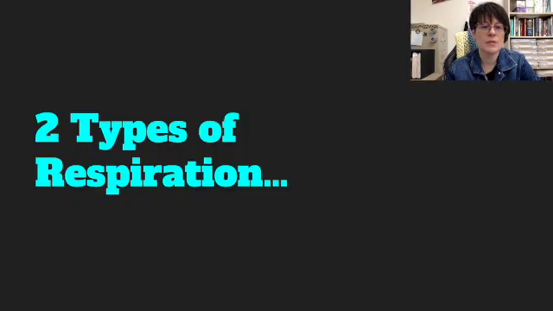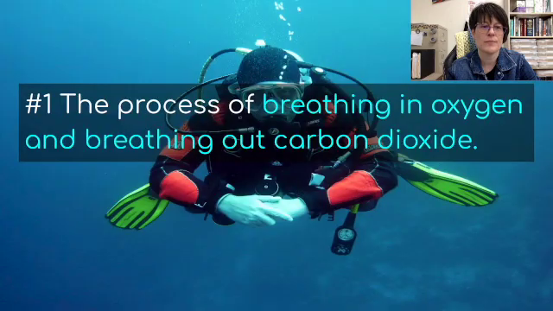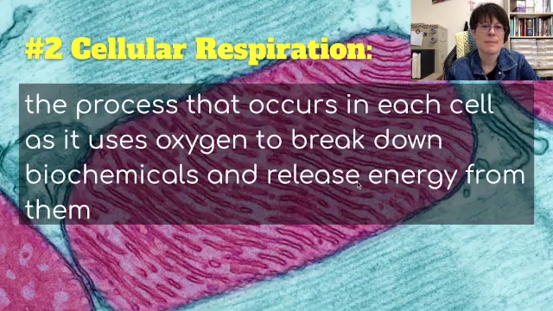There are 2 types of respiration that we sometimes get confused. The first type is the process of breathing in oxygen and breathing out carbon dioxide, just like this scuba diver in the background. You can see his bubbles. The second is cellular respiration, which we already talked about when we covered cells.